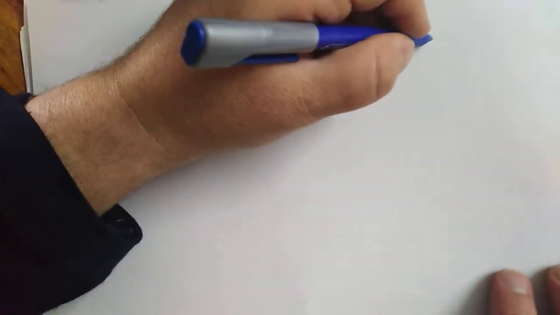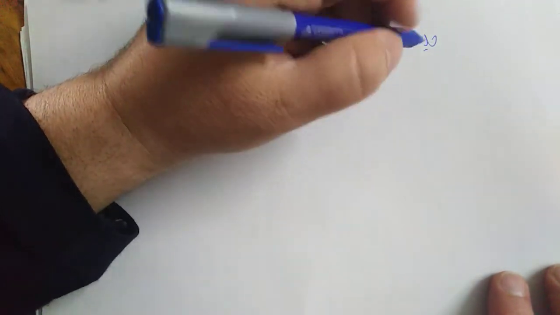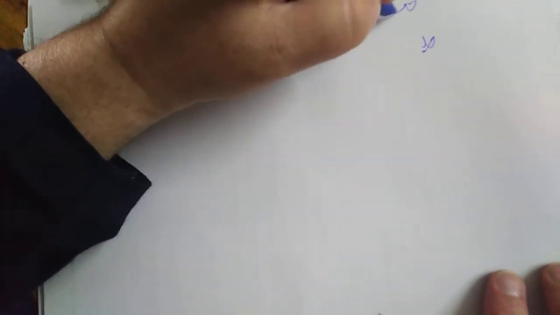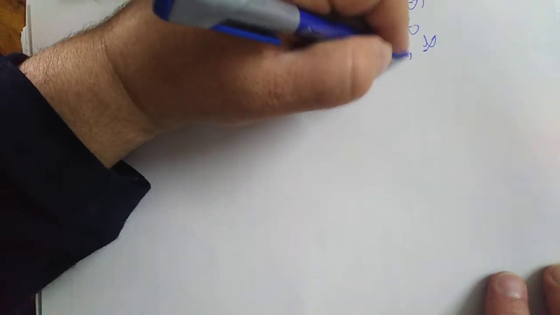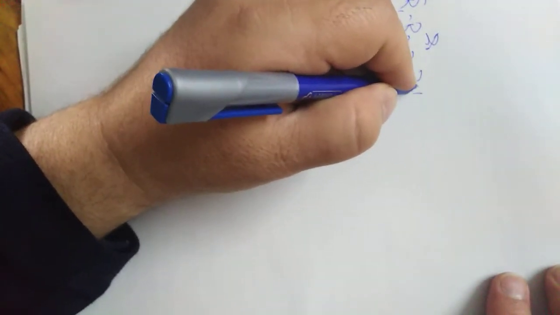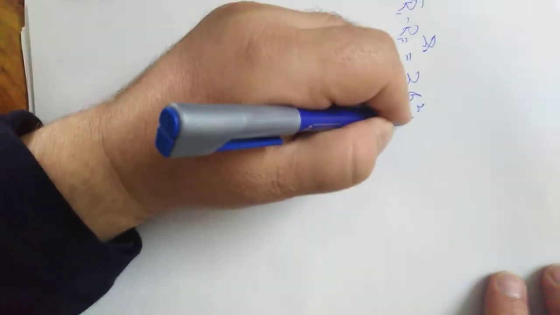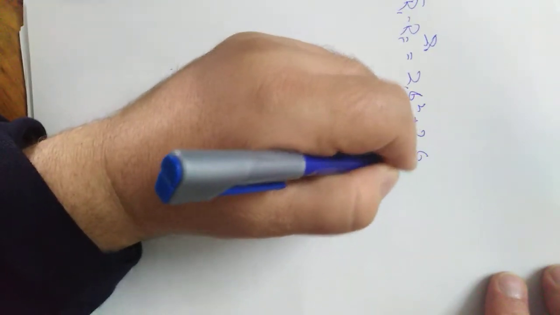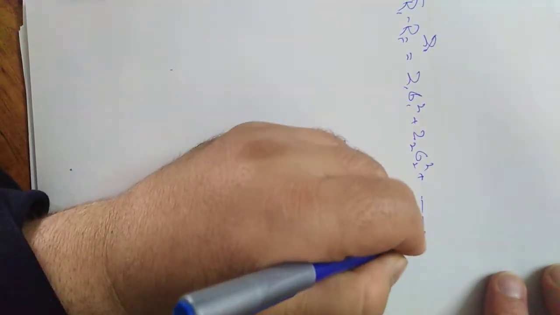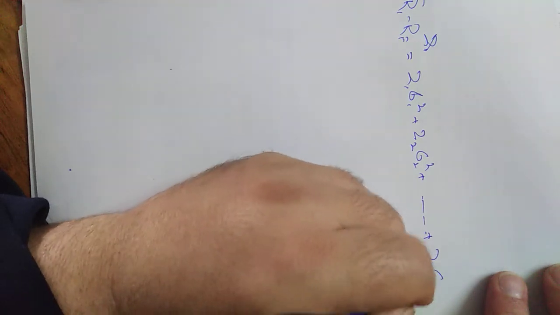If you've got an n asset case, what will be happening? We will be having R1 minus RF, Z1 with standard deviation 1, Z2 with standard deviation 2, up to Zn.